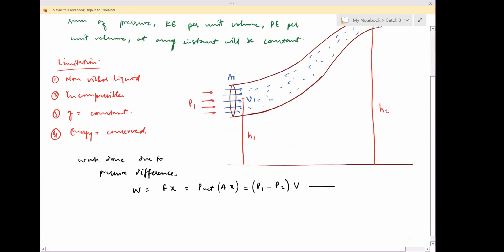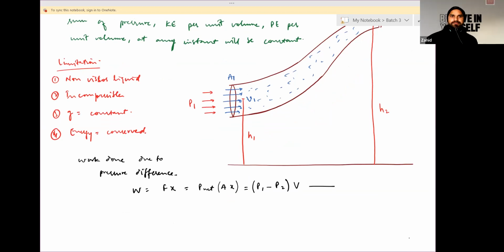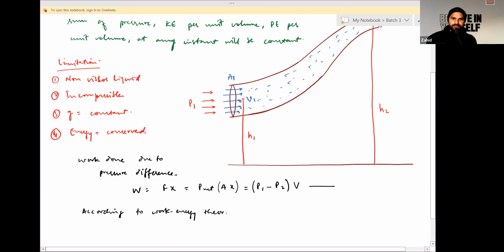Now, according to the work energy theorem, the work done must equal the sum of the change in kinetic energy and the change in potential energy. So work done equals change in kinetic energy plus change in potential energy.